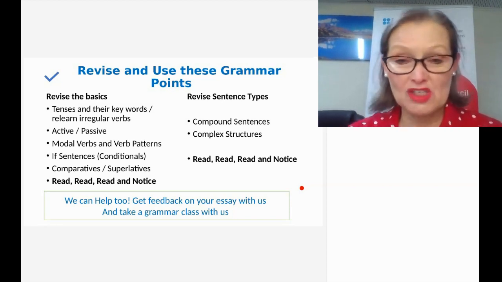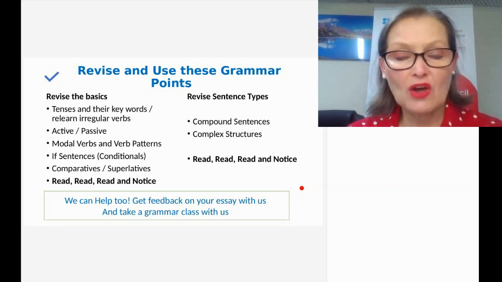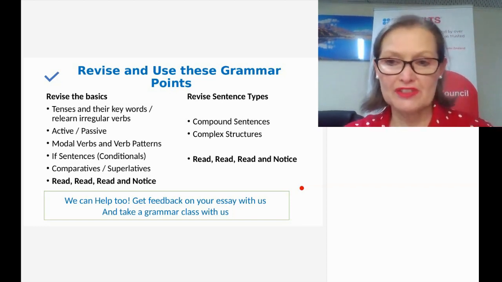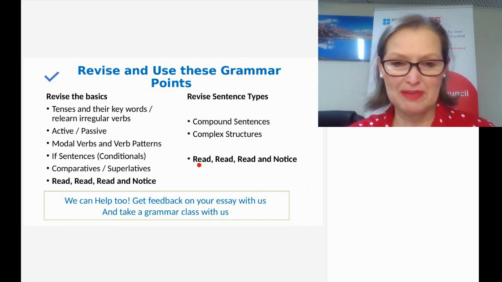So do take a screenshot of this one. These are grammar points that are very easy to use in the IELTS essay, and all of these work towards, if I can use these accurately, this is what's going to give me that 7 for my grammar.